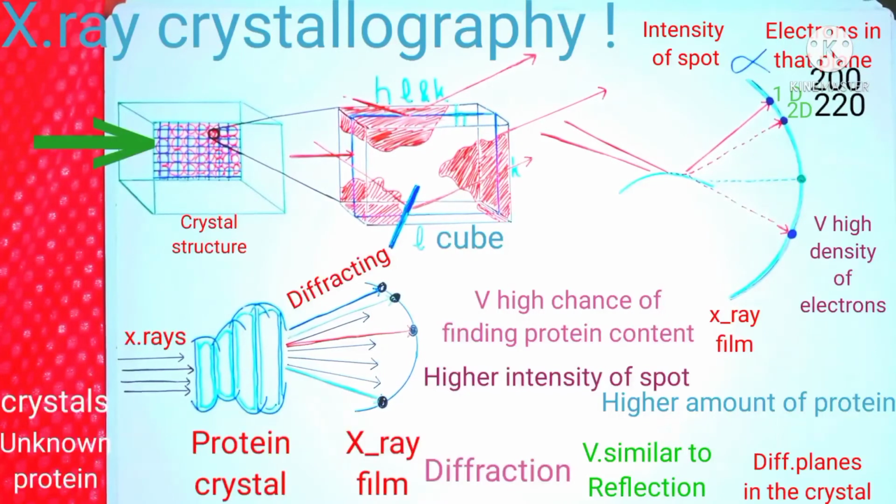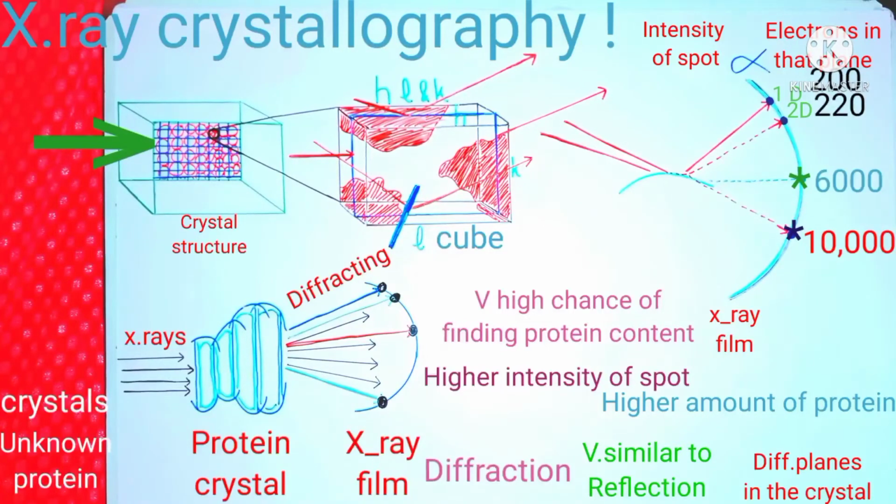So now try to calculate the complete thing by going backwards. We know that the amount of intensity corresponds with the amount of electron density. With the help of many experiments, scientists have established that this amount of electron density corresponds to 10,000 electrons, and this amount corresponds to 6,000 electrons.